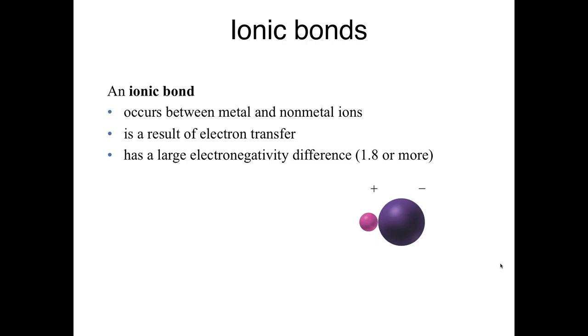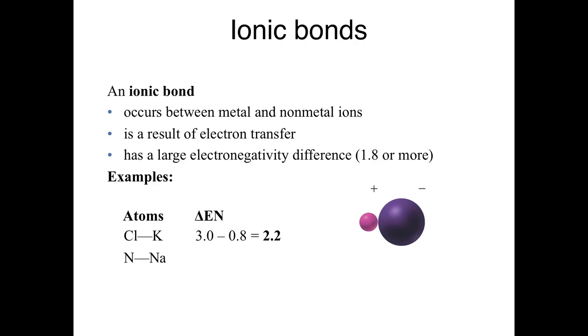If you take the difference between two atoms' electronegativity values and it is greater than 1.8, then it is an ionic bond. For example, looking back at that chart, the difference in electronegativity between chlorine and potassium is 2.2. The difference is always an absolute value: you just take the larger value and subtract the lesser value.